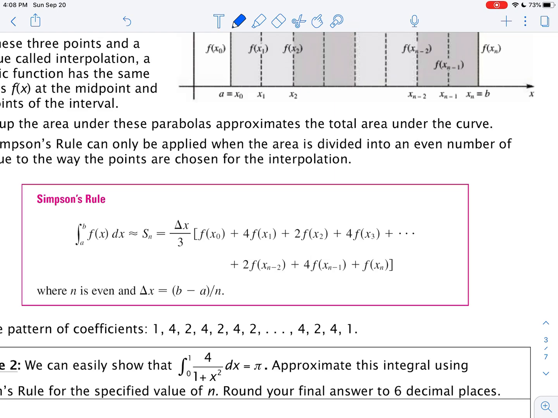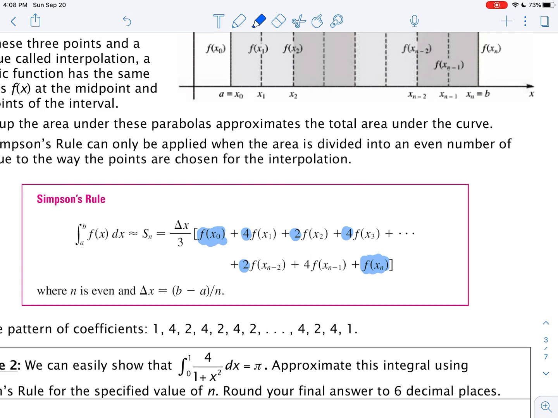And it works out that the formula for Simpson's rule is you can estimate your integral from a to b of f of x dx as delta x over 3 times, and again, the outer values of f of x sub 0 and f of x sub n only appear once, but now the coefficients alternate between 4 times the function value plus 2 times the function value plus 4 times the function value.